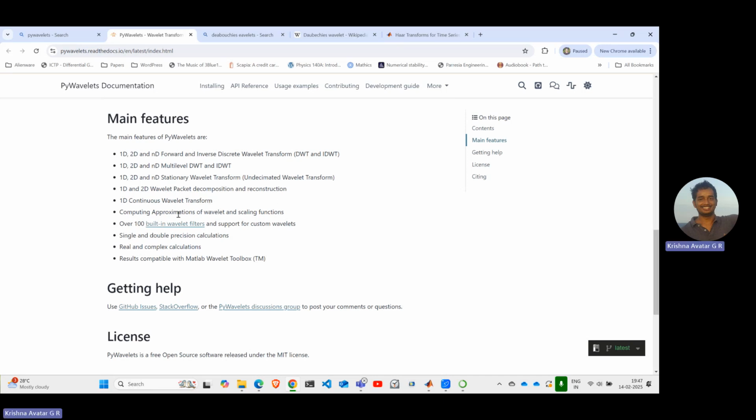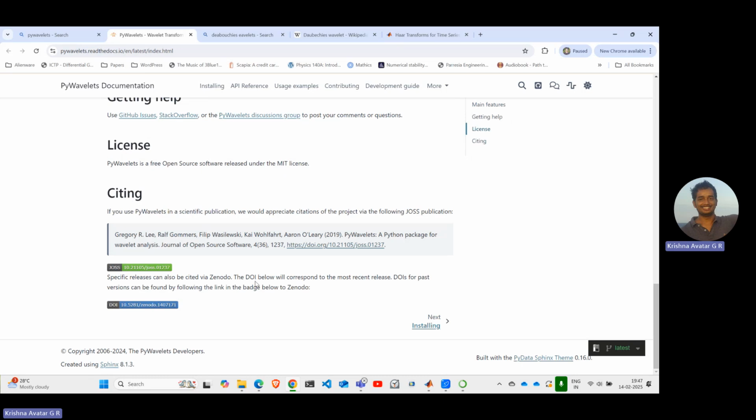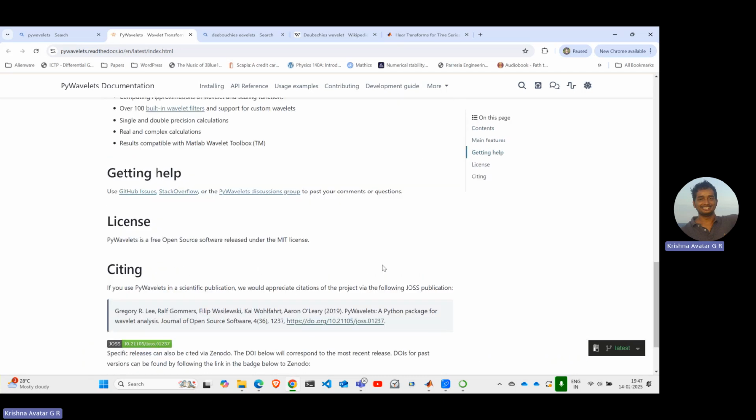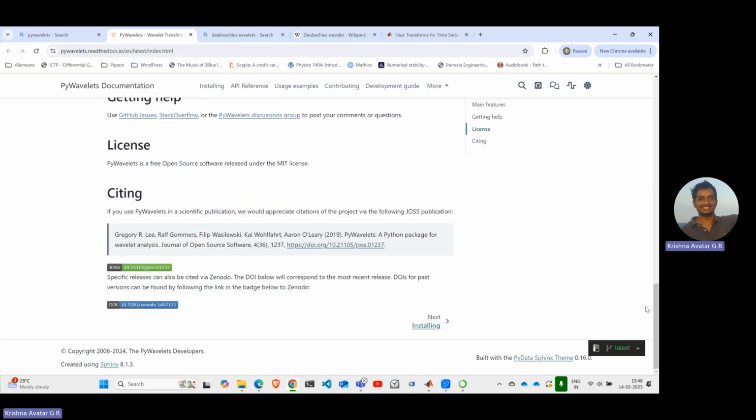We can compute approximations of wavelets and scaling functions and several such features. And as you see, the results are compatible with the MATLAB wavelet toolbox.